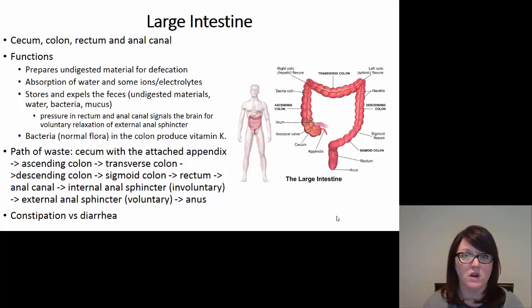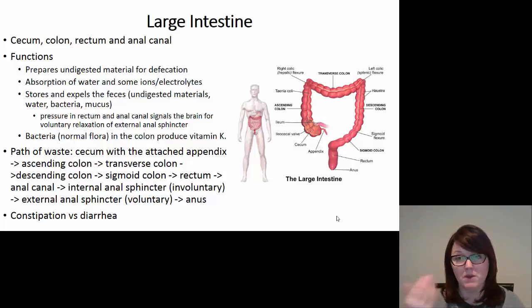Constipation, though, can also be caused by medications too. One of the main things that we can do to alleviate constipation is to consume some sort of product that is not absorbable. So for example, there's something called Miralax, and Miralax contains a compound that we cannot absorb.